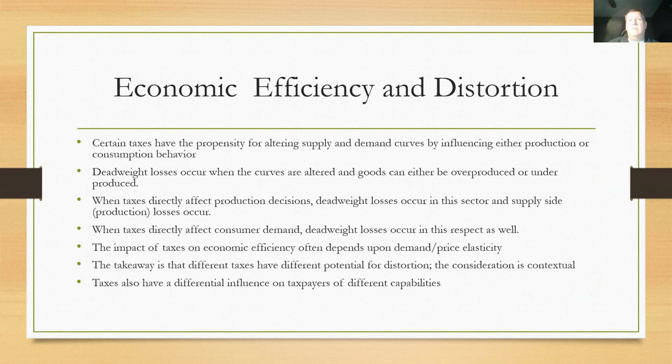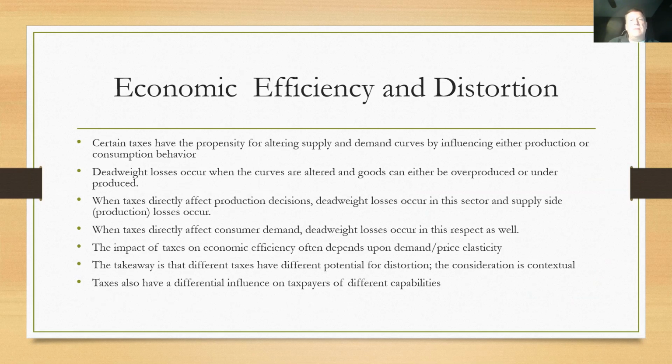We have to be very mindful of just what type of impact this tax could potentially have in terms of distorting those supply and demand curves and distorting economic efficiency. So we want to select a tax that hopefully will be insulated well enough from the economy that it will not impact the economy while still generating an adequate amount of revenue.